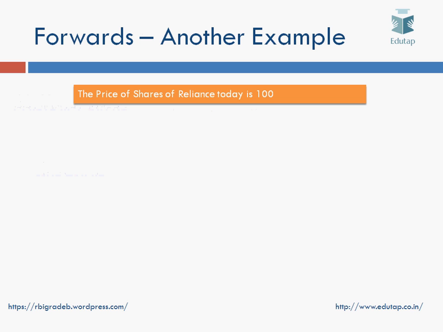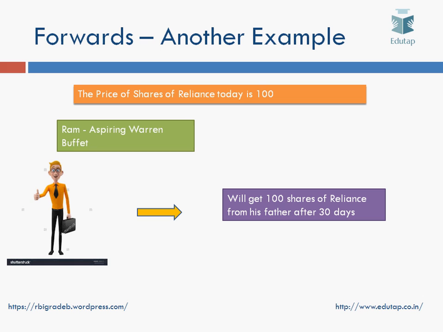Now let's take another example of forwards. Suppose the price of shares of Reliance in the stock market today is rupees 100. Now we have Mr. Ram, who we can say is an aspiring Warren Buffett and is very eager to make money in the stock market.